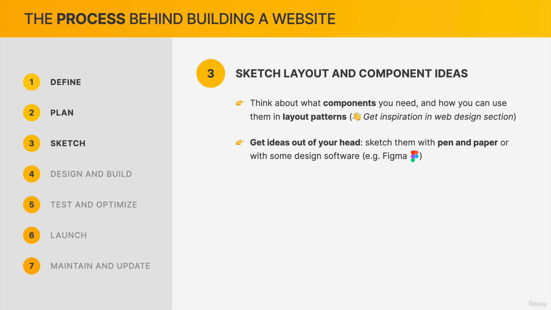So you don't even have to write text or anything like that. Just draw some boxes for the images and for the text content, just to quickly get your ideas out of your head. Because this is very, very important for your creative process. And don't worry if this sounds confusing, because I will actually show you my process in the next lecture.